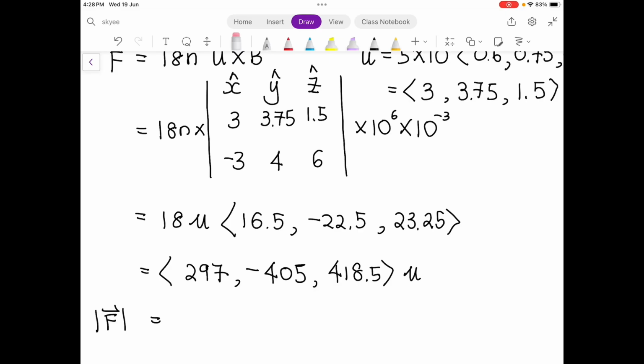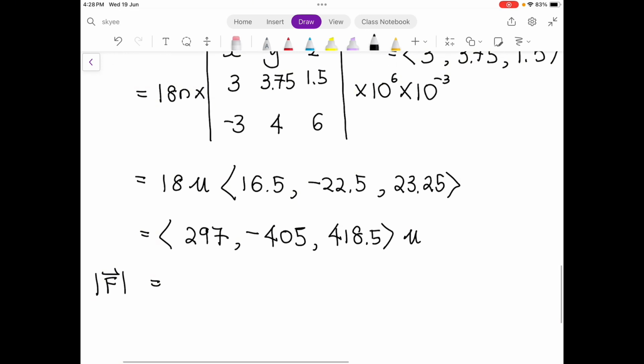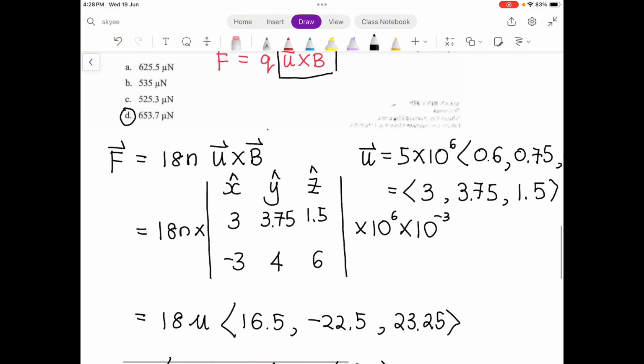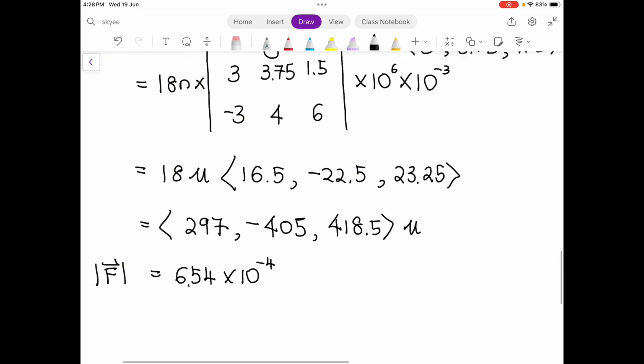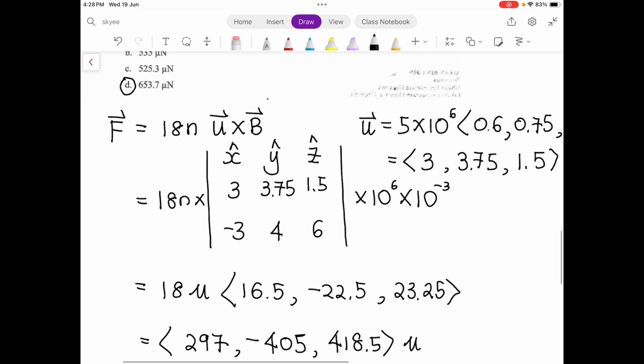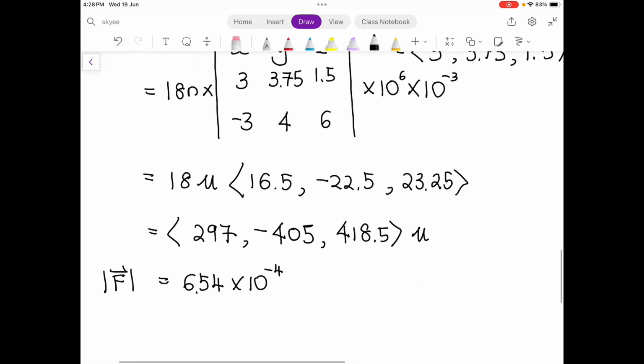The answer should be 6.54 times 10 power negative 4. So the answer is D. This is Newton.